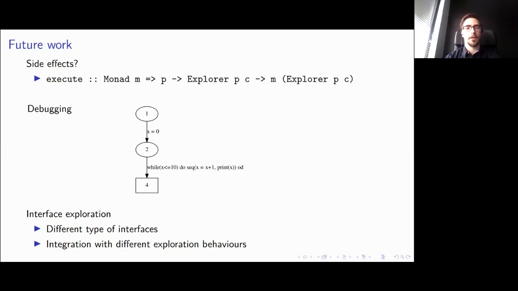And how do the interfaces interact with the different exploration behaviors? Are all kinds of behaviors usable in different kinds of interfaces, or are certain behaviors better suited to certain interfaces? And does our explorer expose everything required for interfaces to operate nicely?